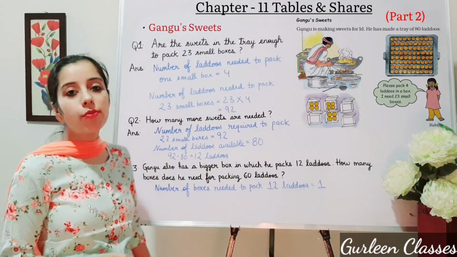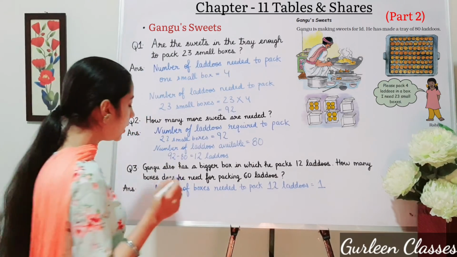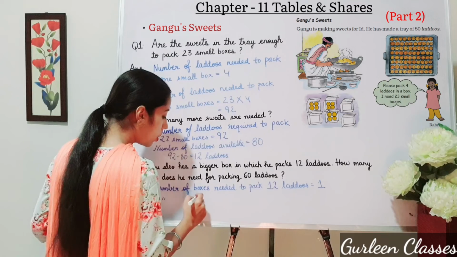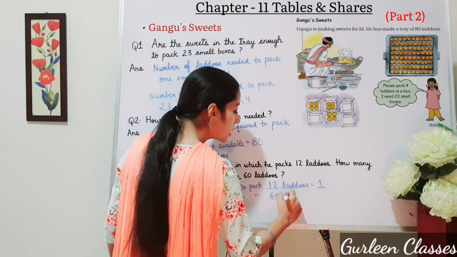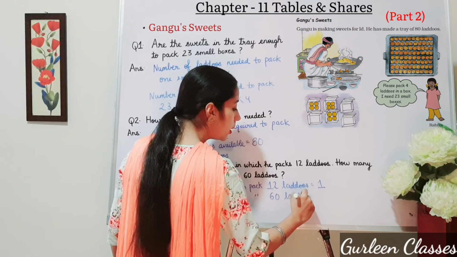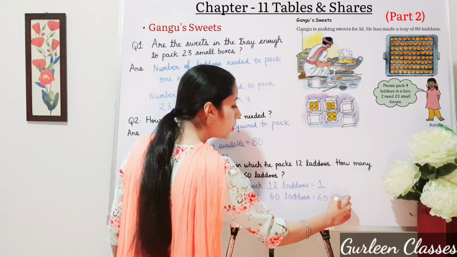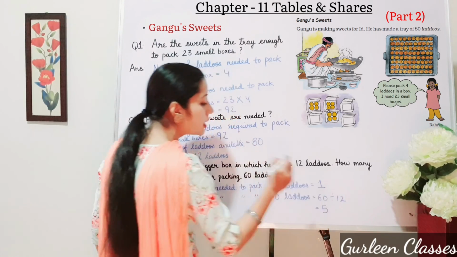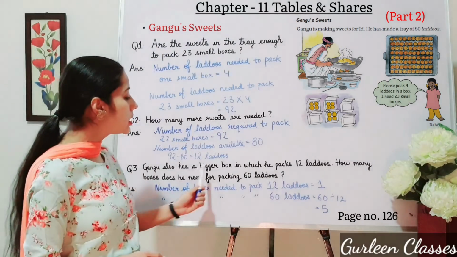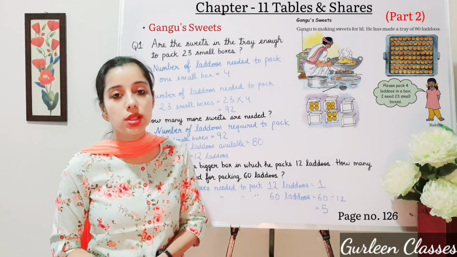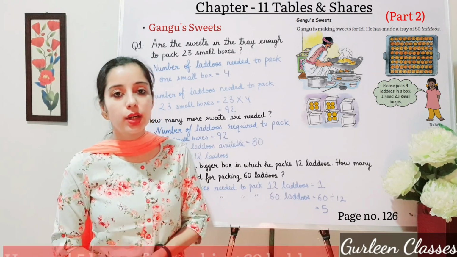So now number of boxes needed to pack 60 laddus we will divide. So right here number of boxes needed to pack 60 laddus is equal to 60 divided by 12. 12 5s are 60. So question was, how many boxes does he need for packing 60 laddus? He needs 5 boxes for packing 60 laddus.